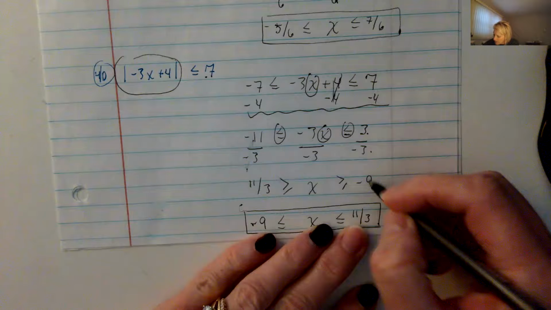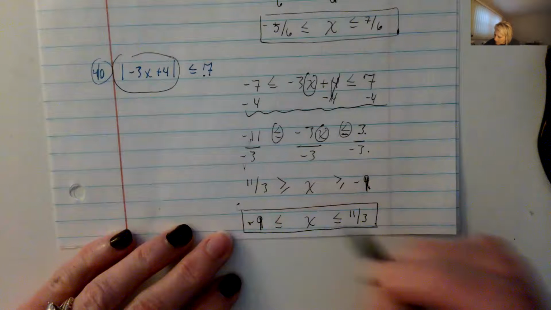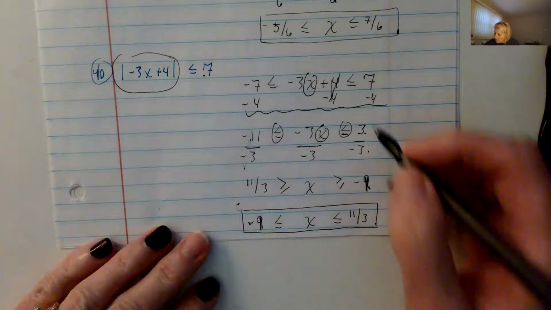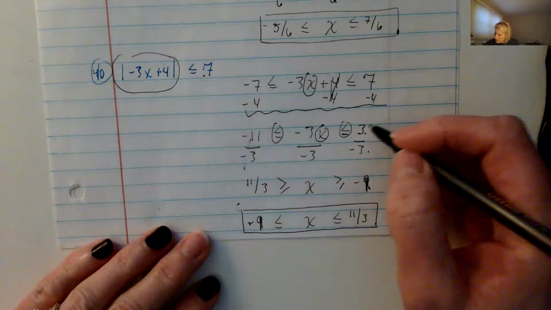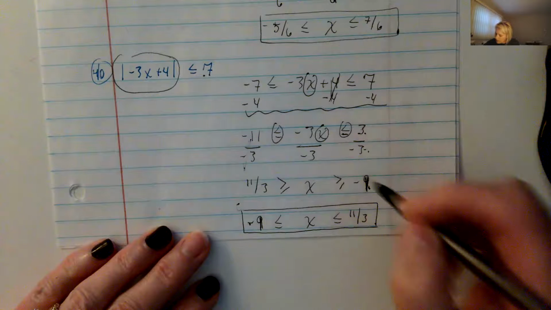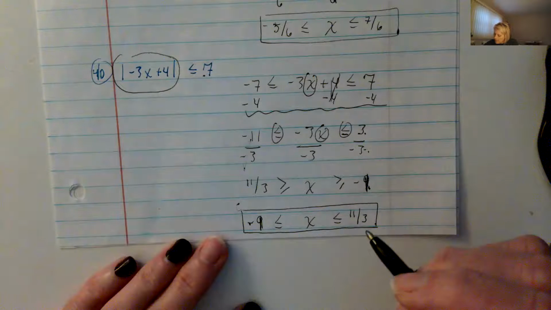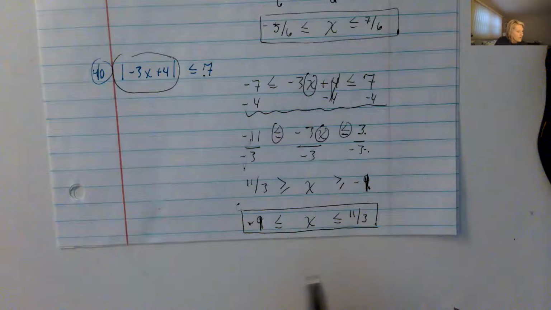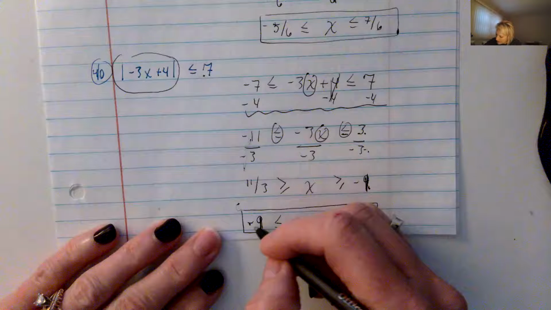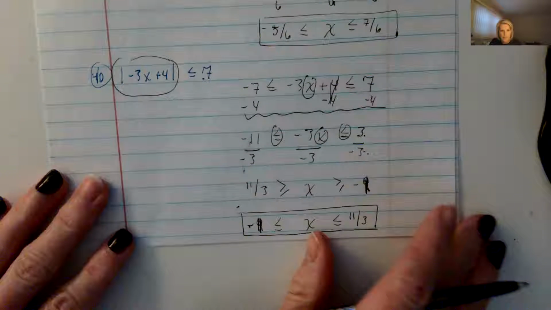This should be a negative 1. That should be a 3 divided by a negative 3, so negative 1. Sorry about that. That should be a negative 1. It didn't look right. Thank you.